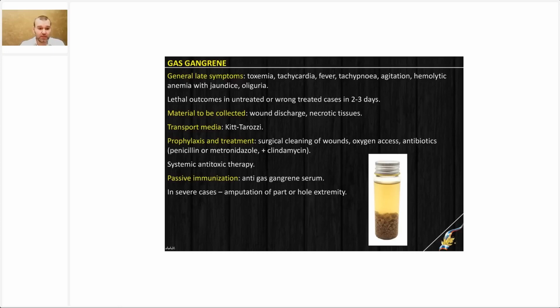So to make the diagnosis, usually clinical symptomatics and history of a corresponding wound are sufficient. But of course, to confirm, you still need to take some material. Usually it is discharge from the wound or resected tissues during surgical cleaning of the wound. Again, we have that Kitarotsy medium or Robertson Cook meat broth medium.